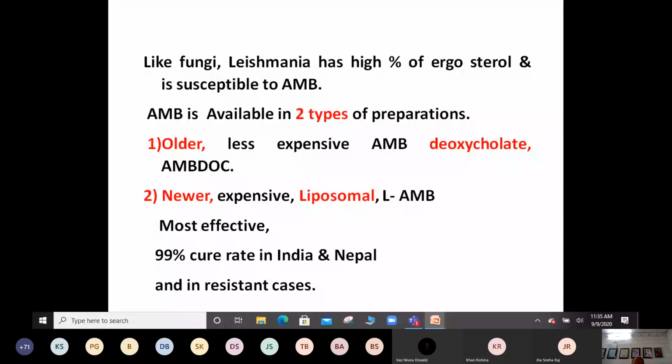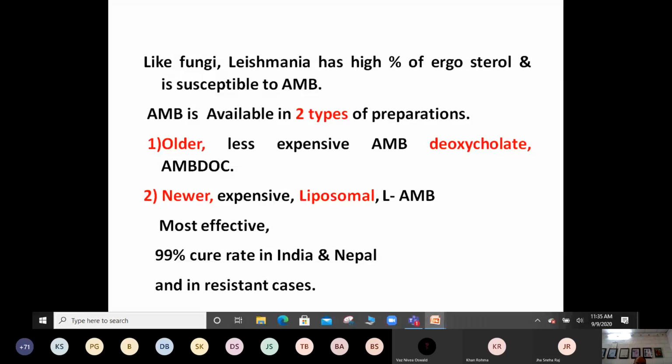That means liposomes are used as carriers. The drug is incorporated into the liposomes and these liposomes are injected into the body. These liposomes will go to the target site. That's why it is expensive.